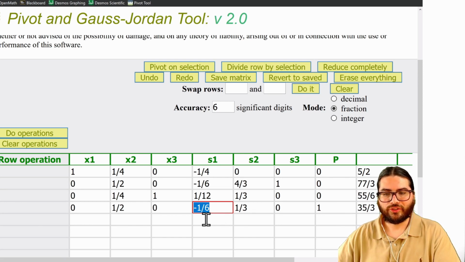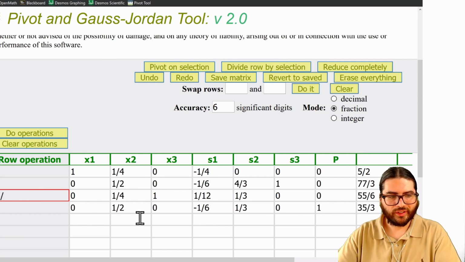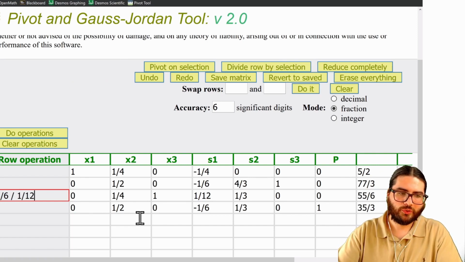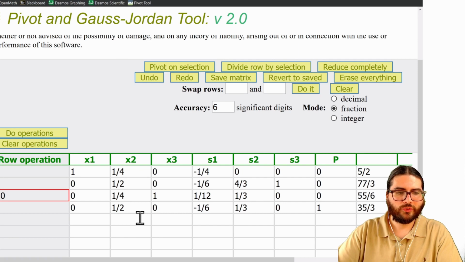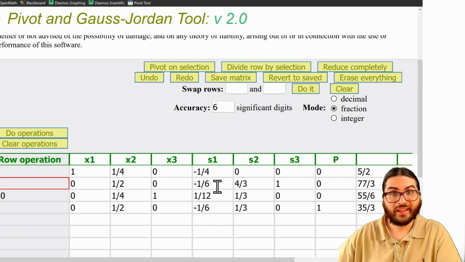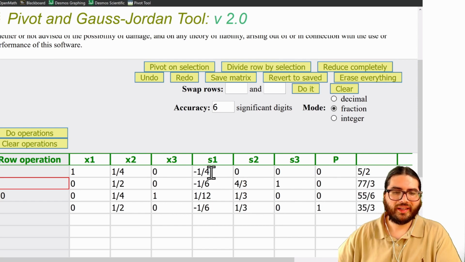Let me do the ratio. I might actually have to get out my calculator for this. 55/6 divided by 1/12 is 110. The ratio is 110. Here, 77/3 divided by negative 1/6. I'm not even going to bother to write that down because it's negative. 5/2 divided by negative 1/4.